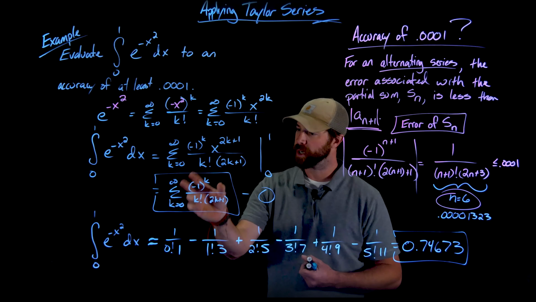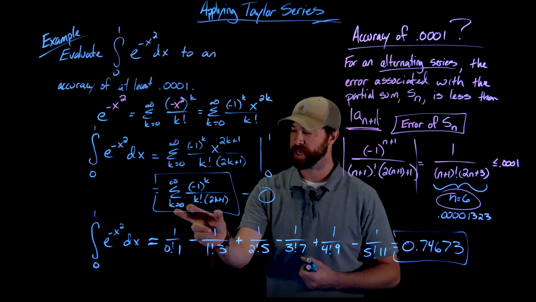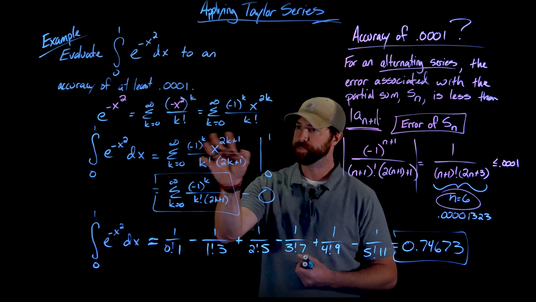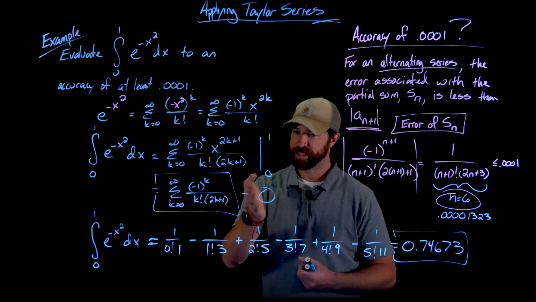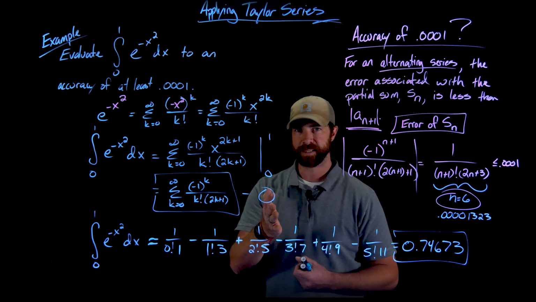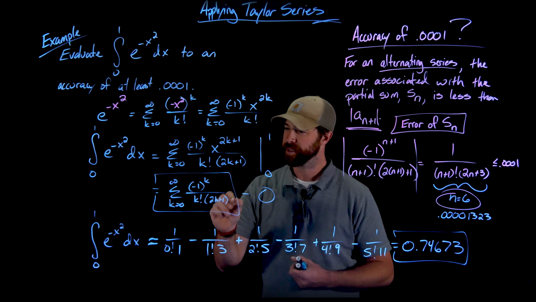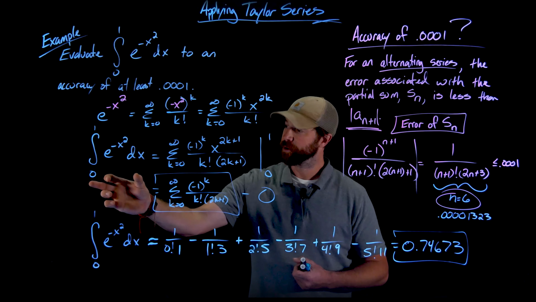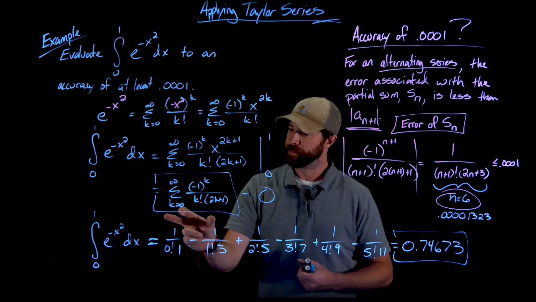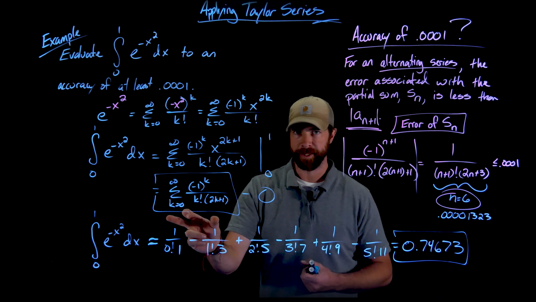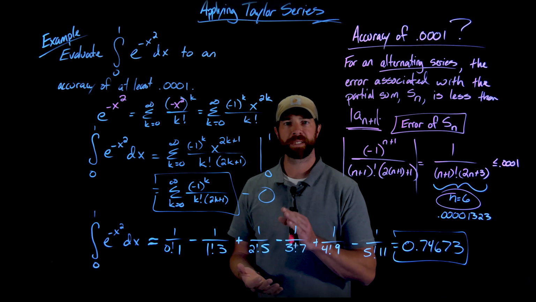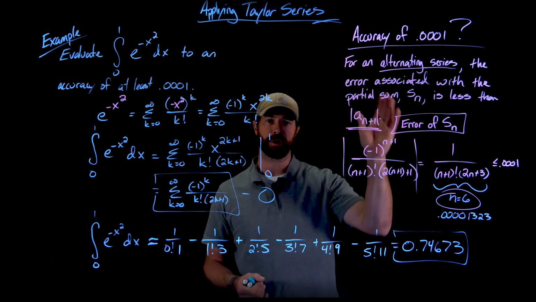So I plug in a 1 for this expression right here. So this is just saying 1 plugged in here for x, minus 0 plugged in here for x, but every term would have a 0 as a factor, so that would be nothing. So then this definite integral is represented by this series right here. Looking for this accuracy was based on this property of the alternating series.